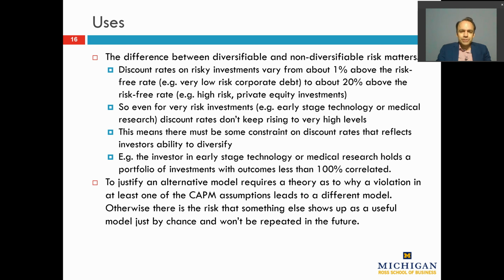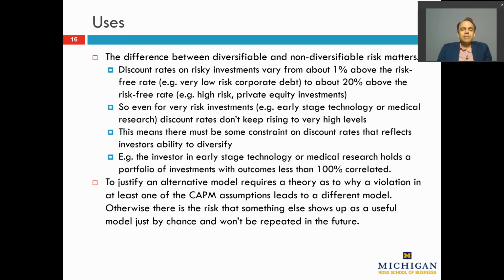But that's not the average case. It's not a normal case. They're not accounting for all of the possible adverse outcomes. Maybe no one uses the technology, or maybe the medical research doesn't cure huge numbers of people, so you don't generate huge amounts of revenue. So when I say that discount rates don't normally go anywhere above 20%, what I mean is that if you apply the discount rate to the average possible outcome from an investment, they don't go above 20%.